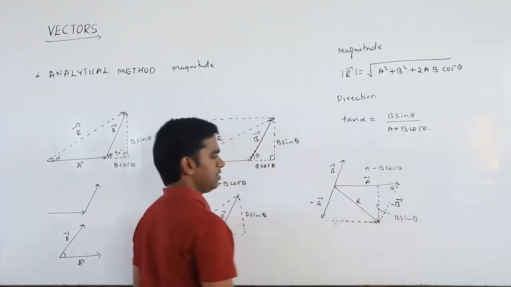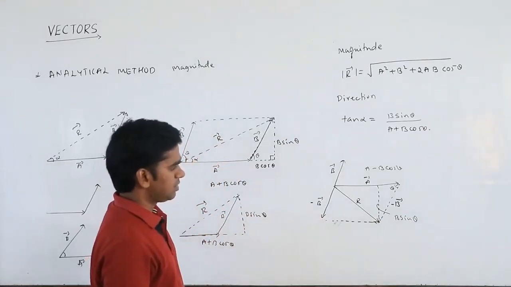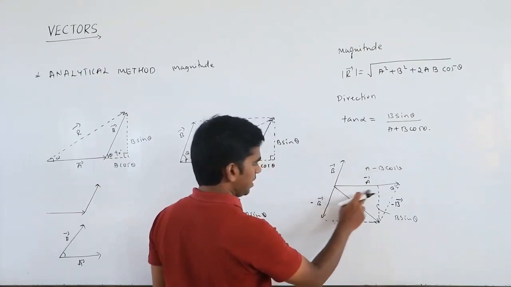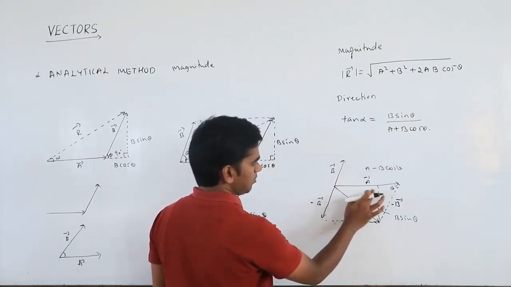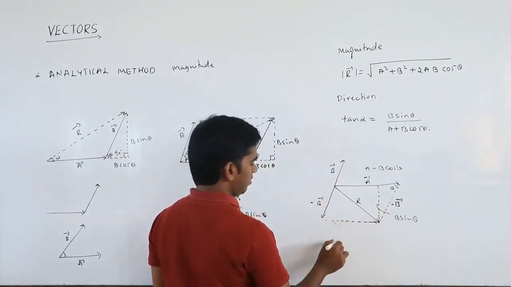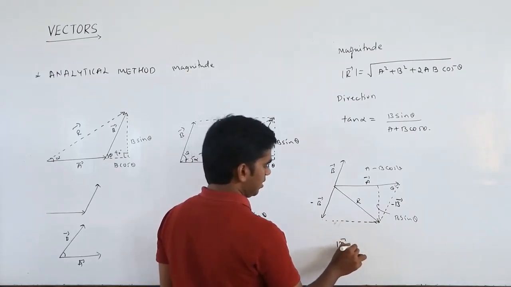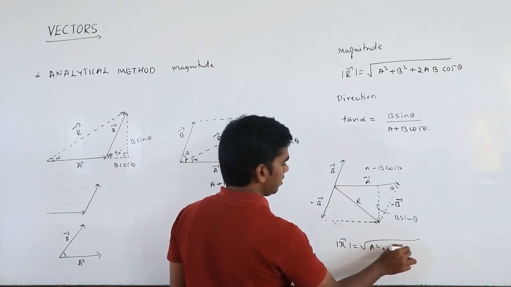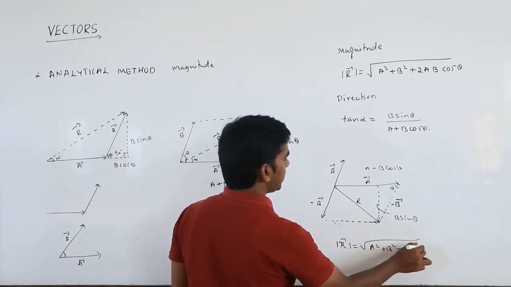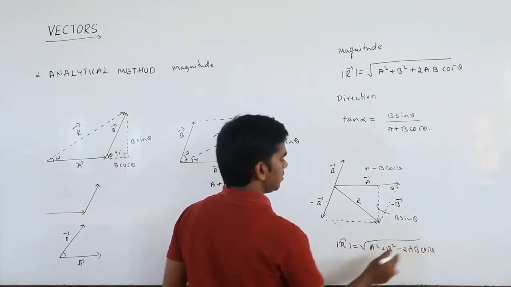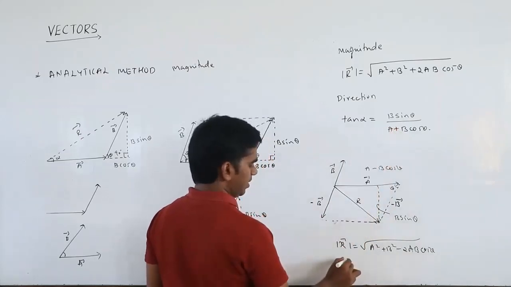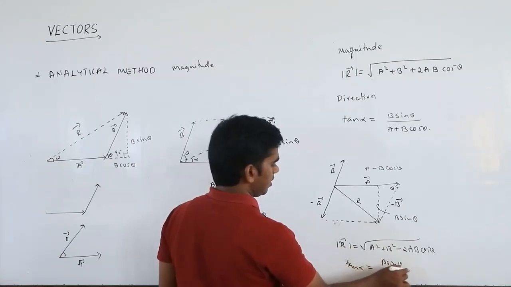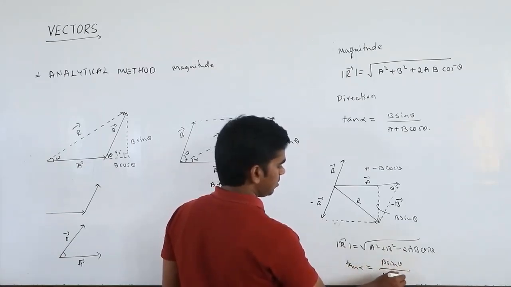As usual, for this triangle you can apply the same formula, forgetting the other one. So you will get resultant R equals root of a square plus b square minus 2ab cos theta. Similarly, tan alpha will become b sin theta divided by a minus b cos theta.